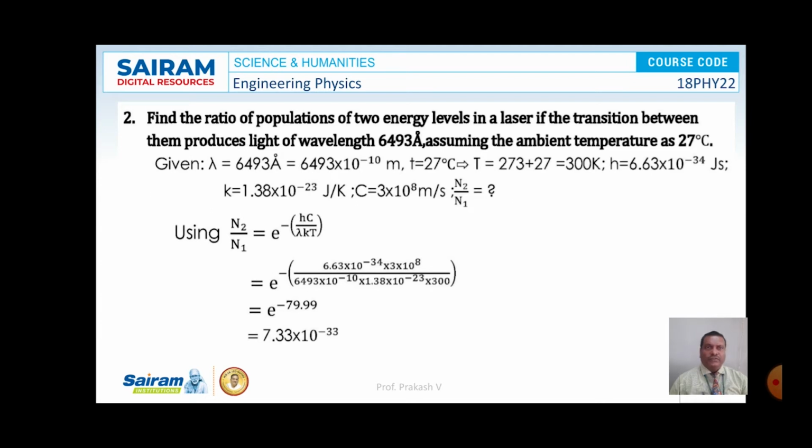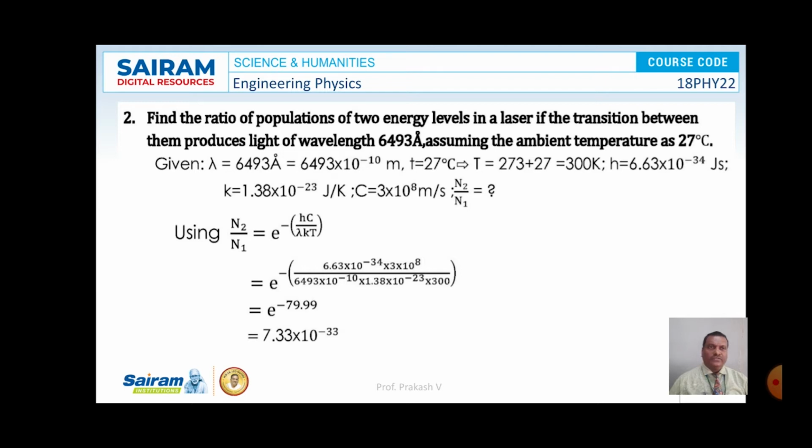So the value of lambda is 6493 angstrom and T is 27 degrees centigrade, that is 273 plus 27 equals 300 Kelvin, and h is 6.63 into 10 to the power of minus 34 joule second, and Boltzmann constant is 1.38 into 10 to the power of minus 23 joules per Kelvin, and the velocity of light is 3 into 10 to the power of 8 meter per second.